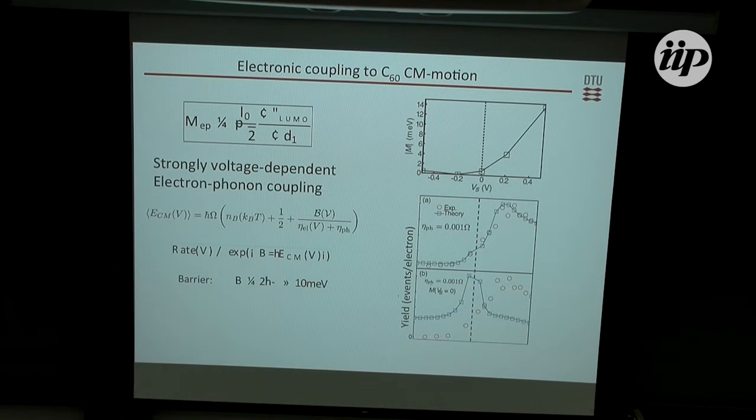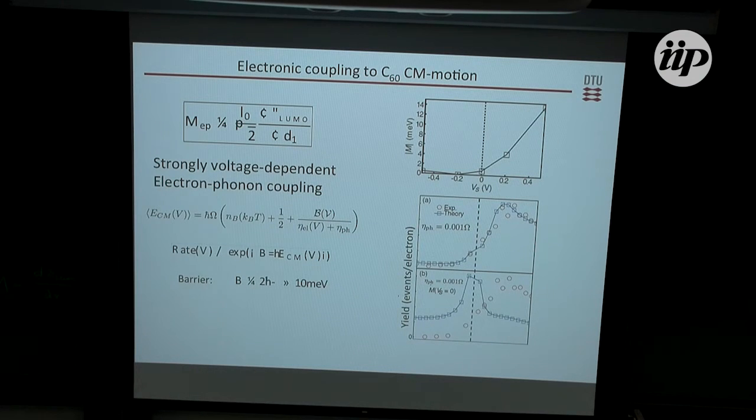Again, we have these formulas, but we can translate. The idea is just to say, okay, let's say that the phonon is the motion of the C60. That's just a single mode, very simple. And then we calculate the electron-phonon coupling. That's basically how this LUMO level moves with the position of the molecule.